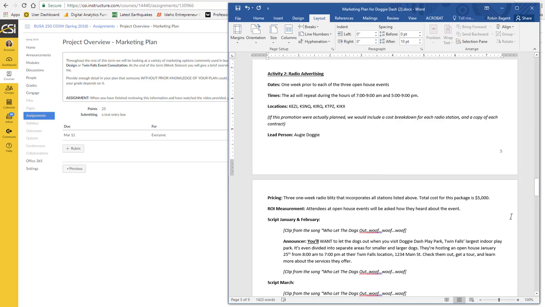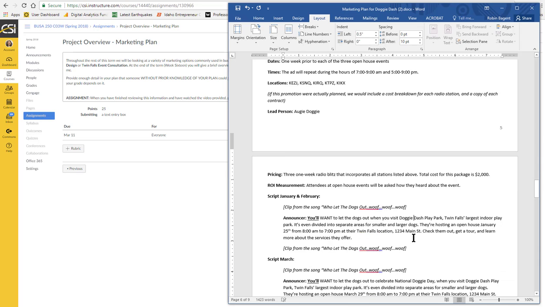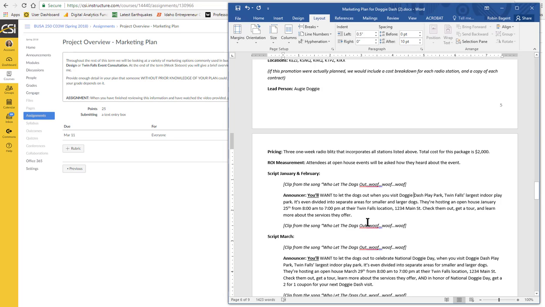You can assume that radio advertising costs about $15 per ad, and oh, that's right, we lowered the amount. And you would need to run that for quite a bit in order to be at the forefront of awareness for your activity.